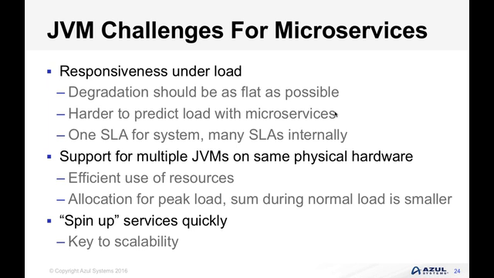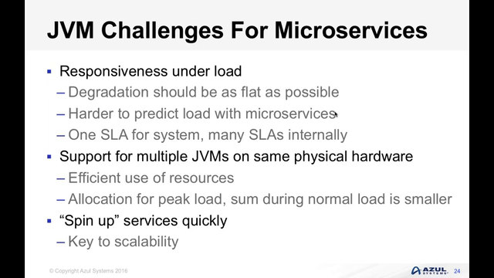So we need any degradation in terms of, as we increase load, to be as flat as possible. What we don't want is big peaks in the graph as we start to add more load and getting a degradation in response times. This is where microservices become harder, because predicting the load between the different microservices is harder, and predicting how much load you need to respond to becomes a lot harder.